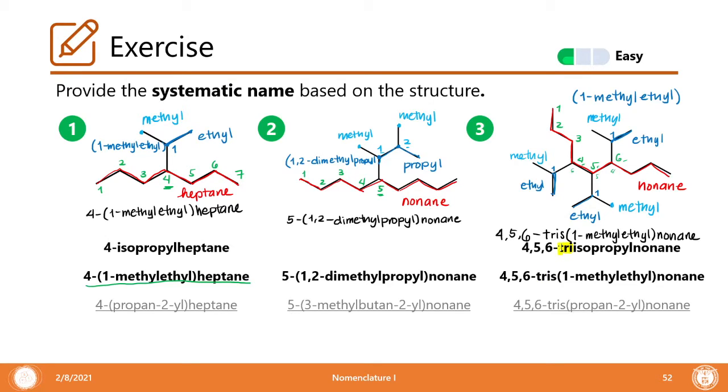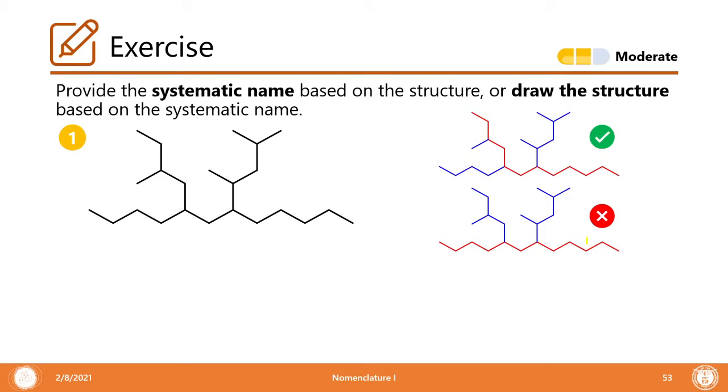We will be using tri. That's the same for the regular substituents. So we treat isopropyl like a regular substituent. We use di, tri, tetra. But for a parenthesis-separated complex substituent, we have to use bis, tris, tetrakis.